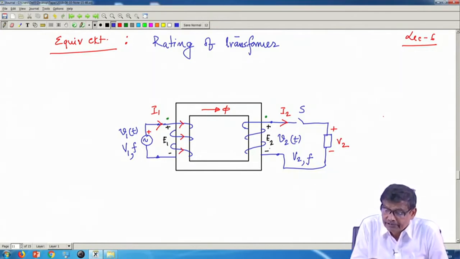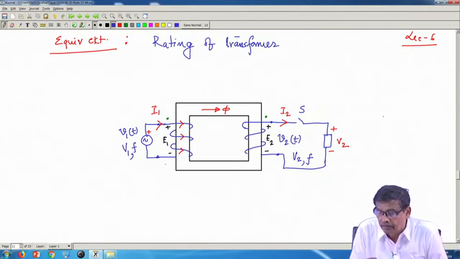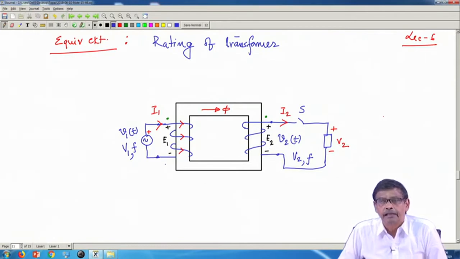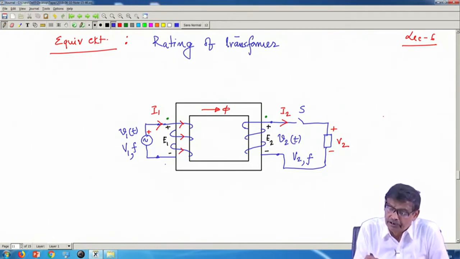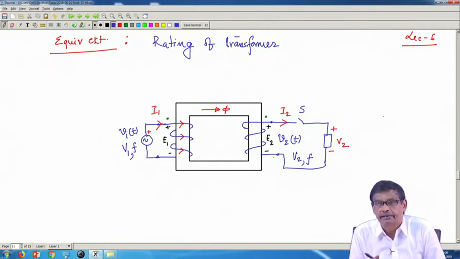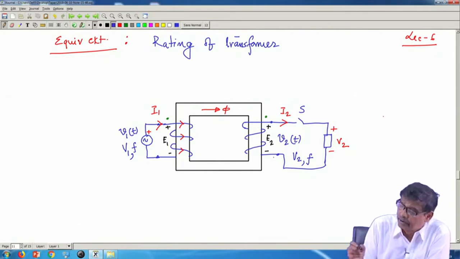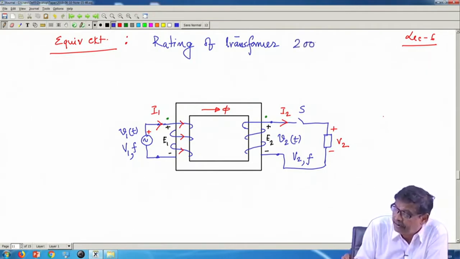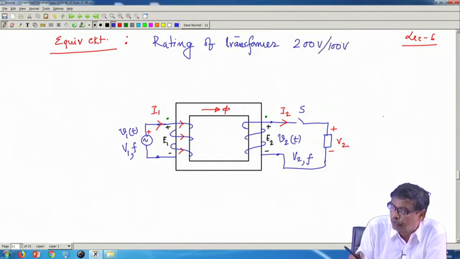And also, what is the current carrying capacity of the coils on both sides. So you can specify the voltage rating and current of the primary side, and the voltage rating and current of the secondary side. For example, somebody writes that the voltage ratings are 200 volt stroke 100 volt.